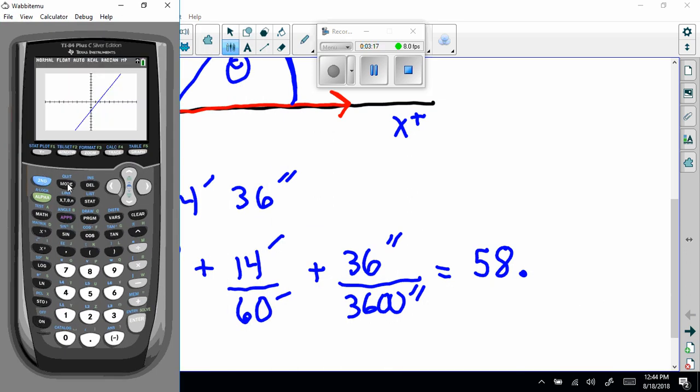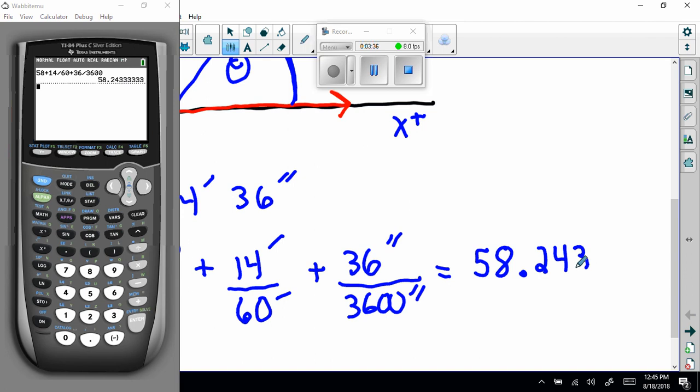Hopefully this thing works and doesn't crash my computer. 58 plus 14 divided by 60 plus 36 divided by 3,600. And we get 58.243 repeating degrees. As I said, we prefer decimal.